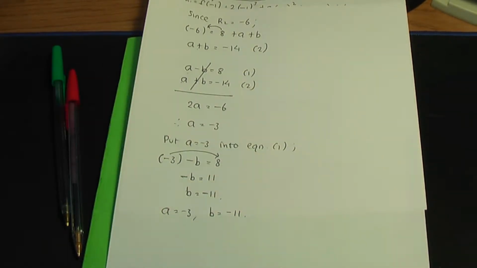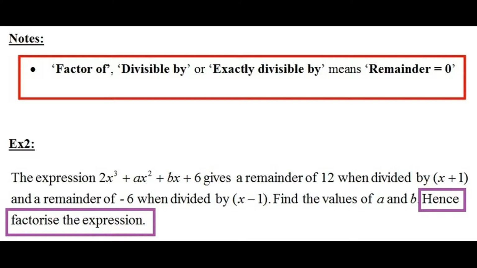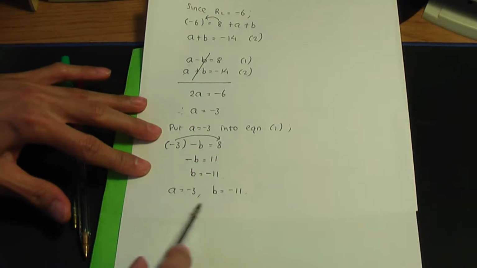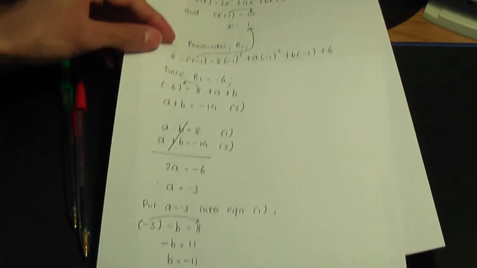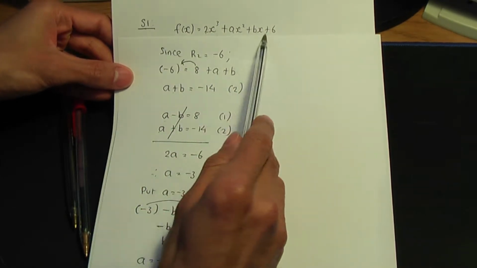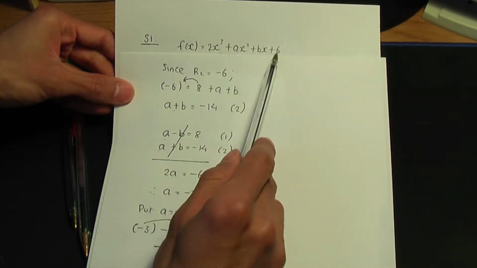Now, if we go back to the screenshot, there is another part to this problem: hence factorise the expression. So let me show you the method in order to factorise the expression, meaning the polynomial. If we go back to the paper and pen, we have our values of a and b here. The first thing that we need to do is replace the a and b in our polynomial for f of x.